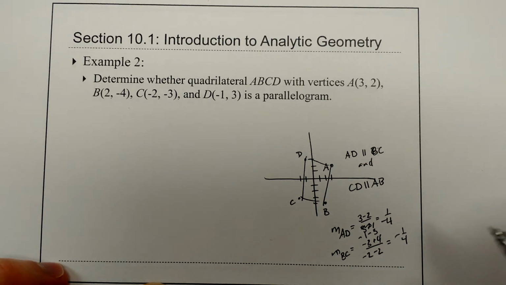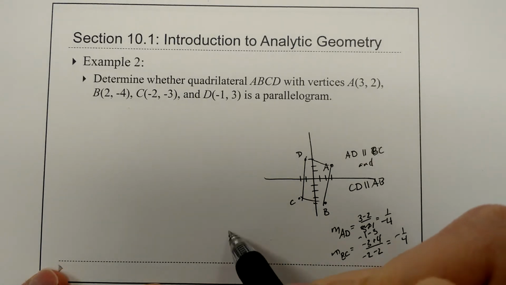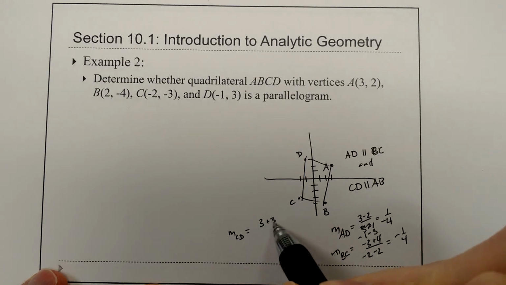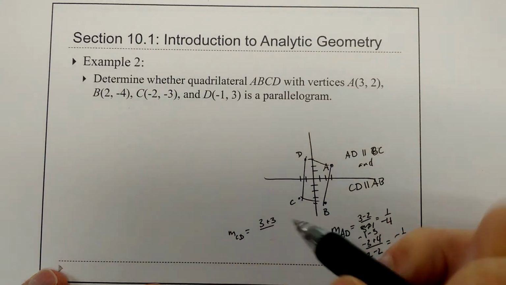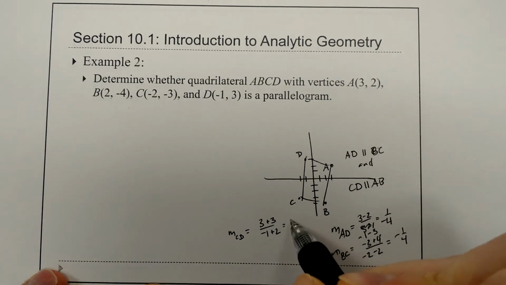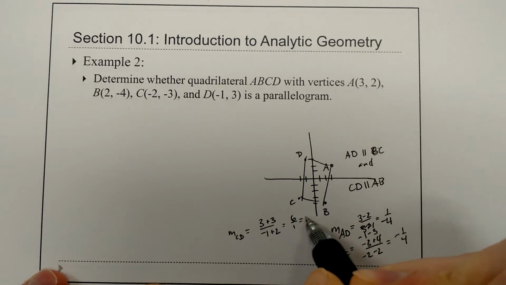So those are parallel. So I need to do the same thing with the slope for CD. That's going to be 3 plus 3, 3 minus that, negative 1 plus 2, so that's 6 over 1, which is 6.